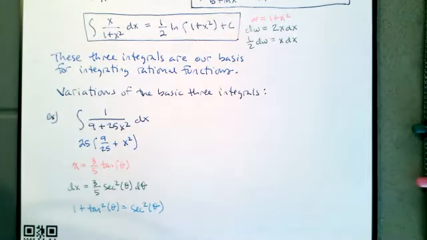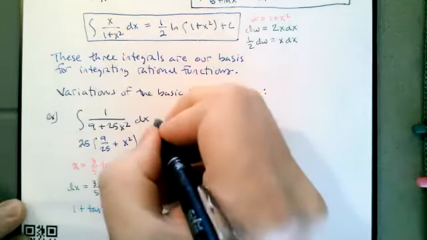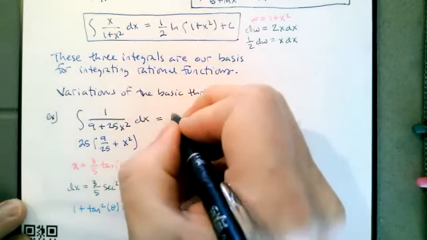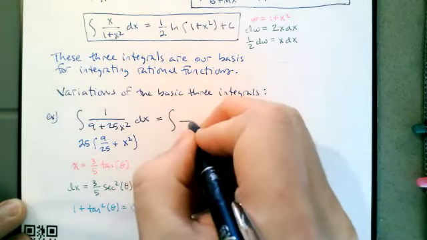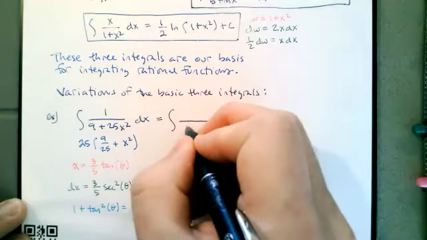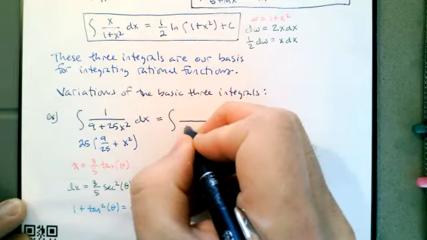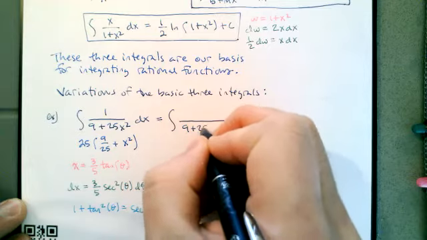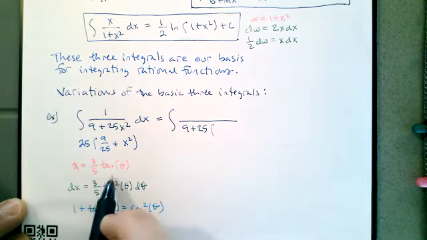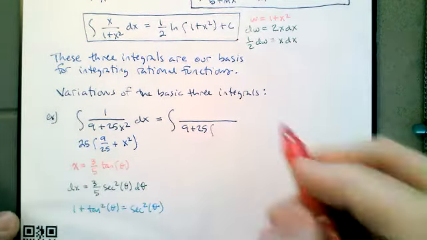So that's the thing that we're going to use. So let's go ahead and use all that. So we have to integrate 1 over 9 plus 25 times 3/5 tangent theta all squared.